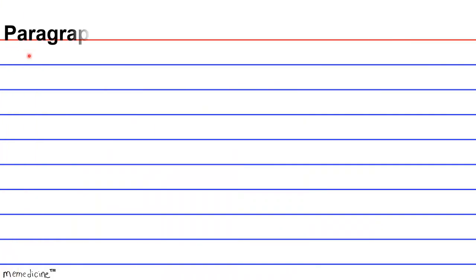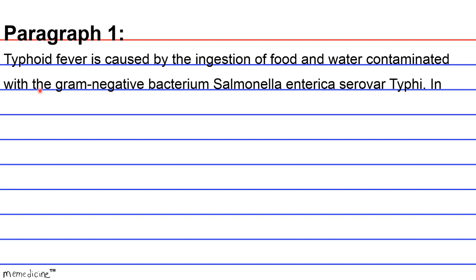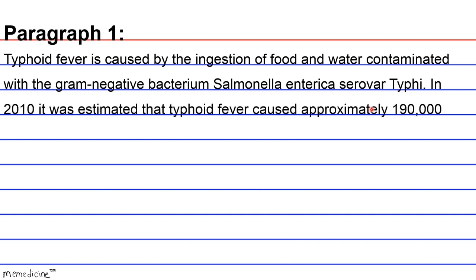Paragraph 1. Typhoid fever is caused by the ingestion of food and water contaminated with the gram-negative bacterium Salmonella enterica serovar Typhi. In 2010, it was estimated that typhoid fever caused approximately 190,000 deaths.